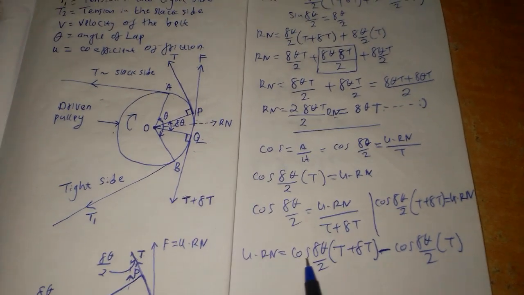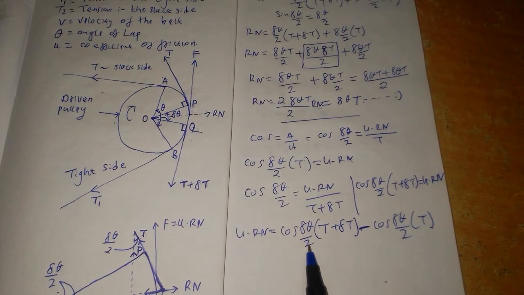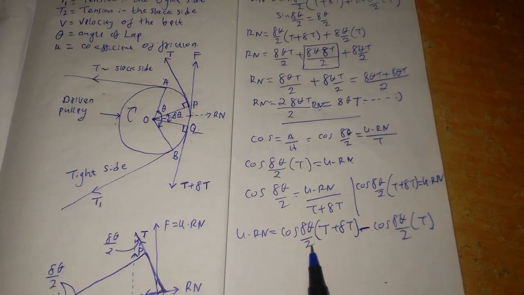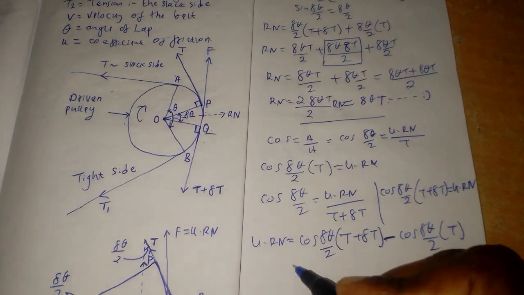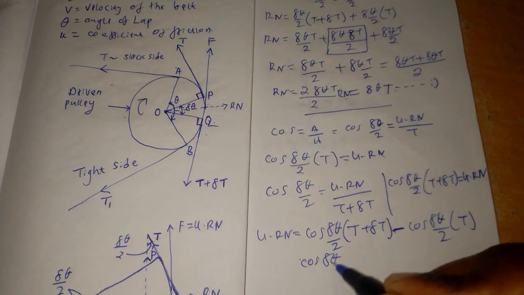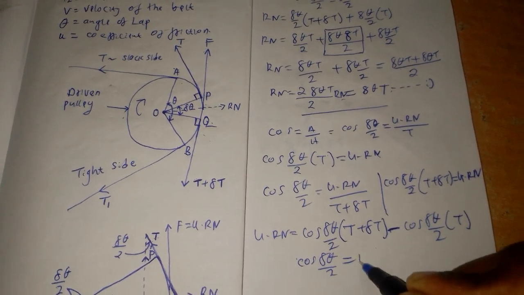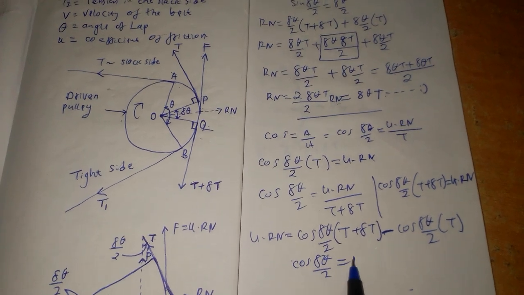Now this angle is very small. Cos alpha theta divided by 2, that angle is very small, so we are going to replace it with 1. Wherever we have this part, we replace it with 1.